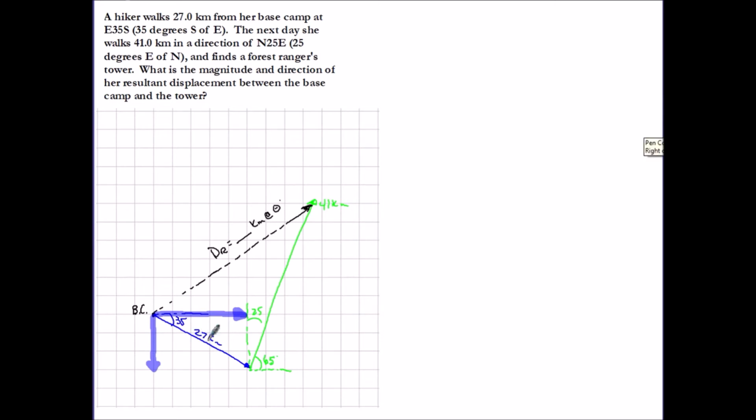Now let's see, 27 times the cosine of 35, and this would be negative 27 times the sine of 35. Negative because it's pointed southward, and I'm going to use the negative to denote south here. Let's go ahead and compute those. I'm getting this to be 22.1 kilometers, and this to be a negative 15.5 kilometers.